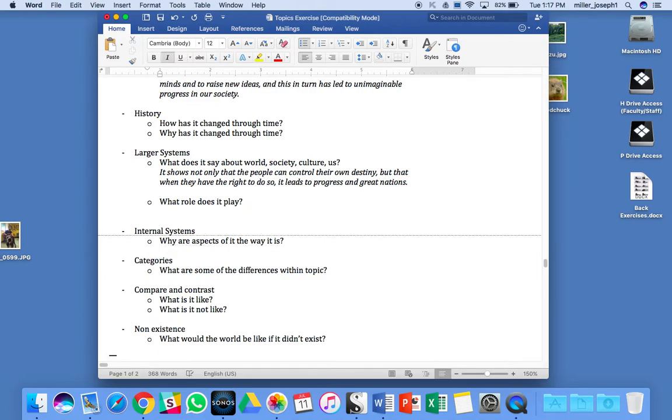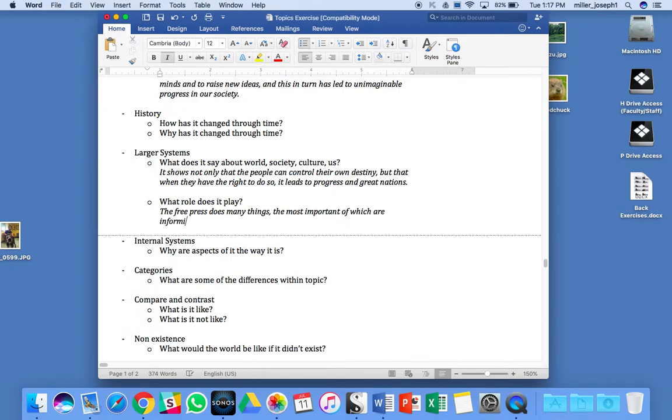The free press does many things, the most important of which are informing the populace, thus enabling them to participate in their own governance.